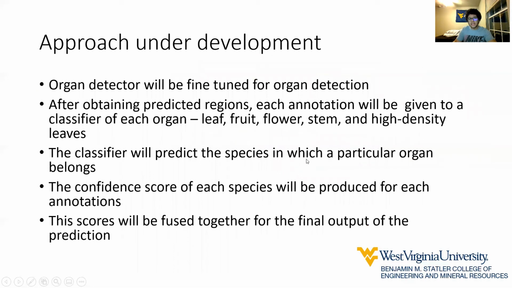Our approach is still in development. Currently, we are generating annotations in images. The dataset is huge. So once the annotations are done and they're processed by the algorithm, we'll have the results.